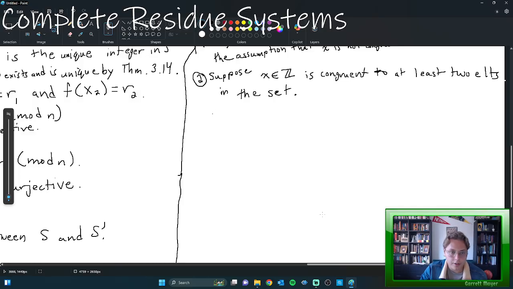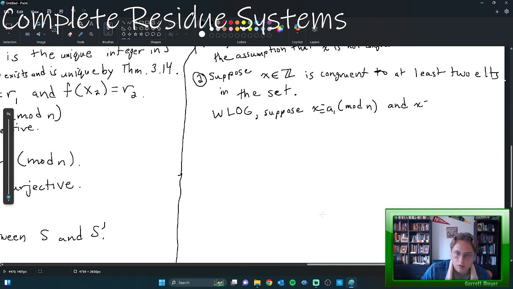And then without loss of generality, we're just going to assume that these are the first two indexed elements. We can change the indices all we want. But without loss of generality, suppose x is congruent to a1 and x is congruent to a2 mod n.